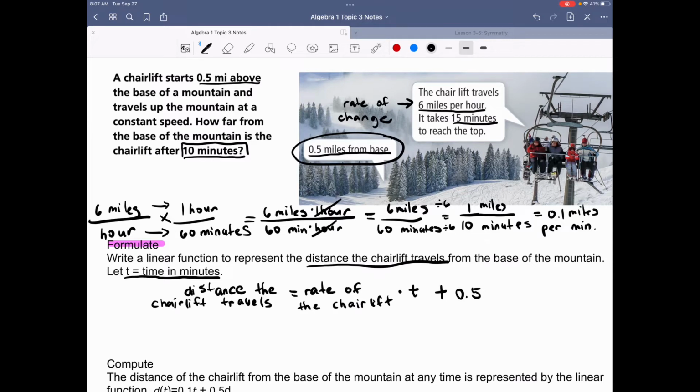And then if we think of this as our linear function form, f of x equals mx plus b, we can just say that the distance the chairlift travels is d of t equals the rate of change, 0.1 miles per minute, 0.1 times t plus 0.5.